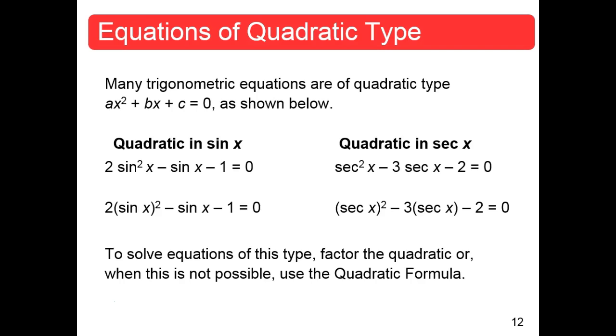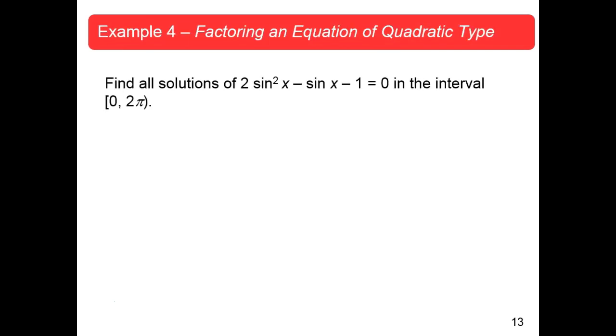This has to be secant x times secant x. This has to be plus or minus, and then either 1 or 2. So you try all those combinations to see if any of them will work. So to solve equations of this type, factor the quadratic, or when it is not possible, use the quadratic formula. Okay, same as you would do for just x's in there.